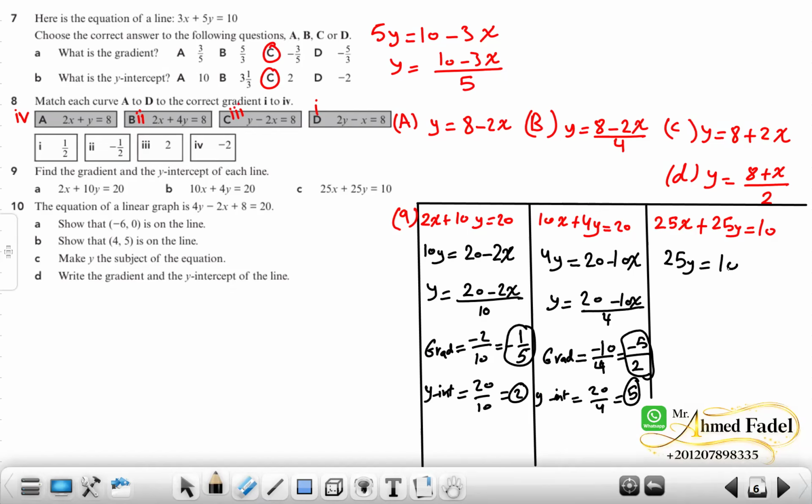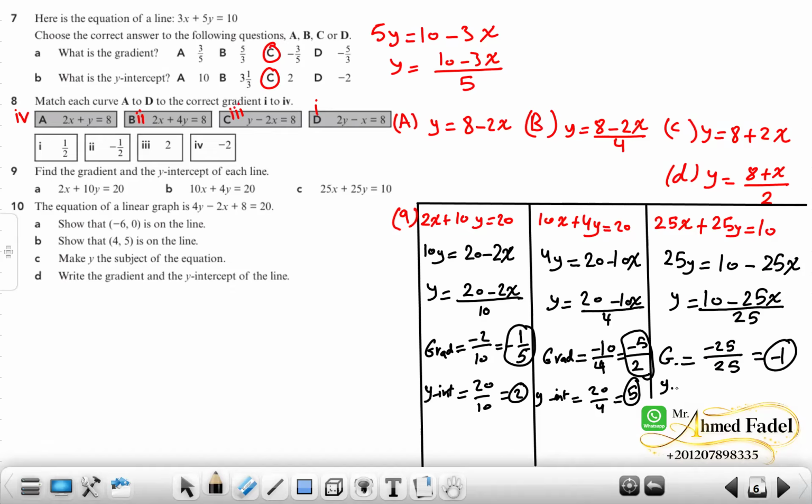25y equals 10 minus 25x. So y equals 10 minus 25x over 25. So the gradient is negative 25 over 25, which is negative 1.